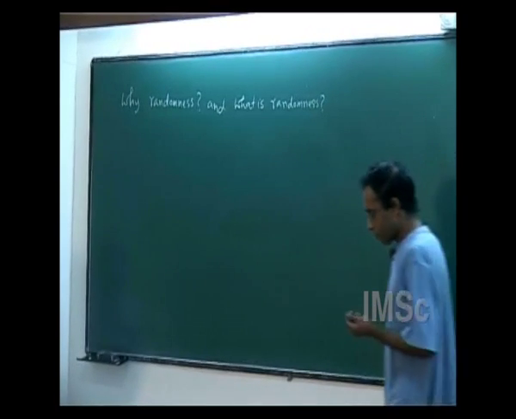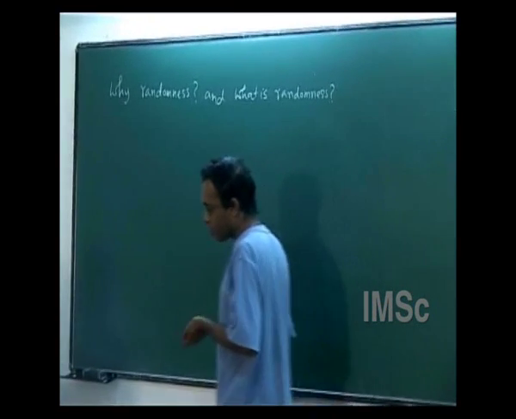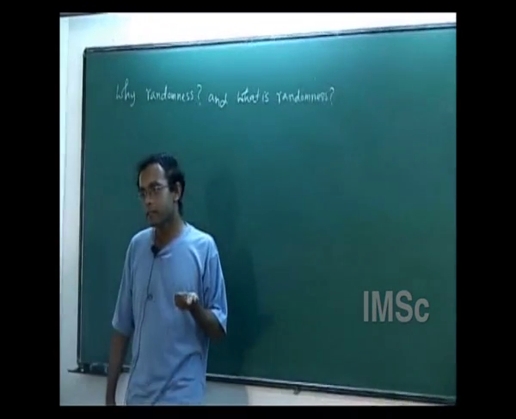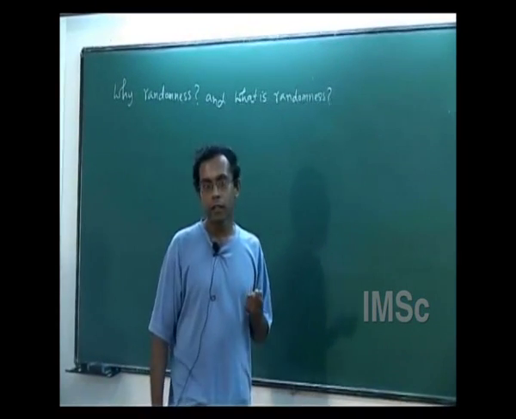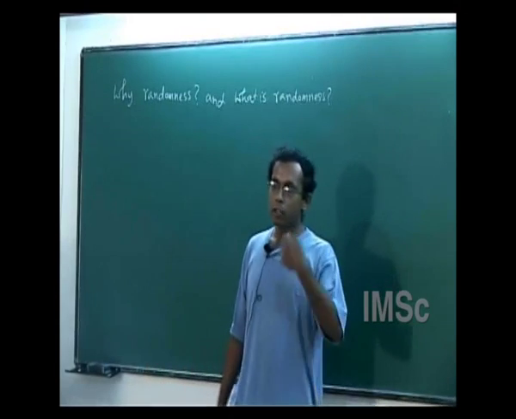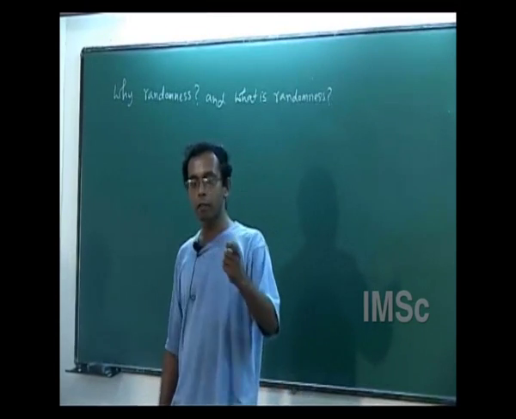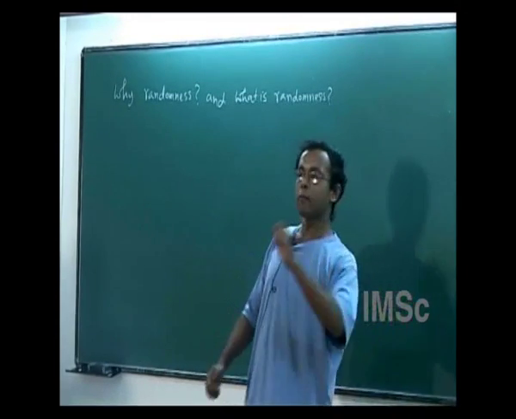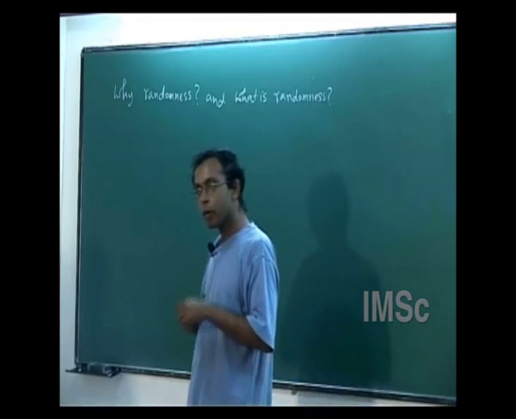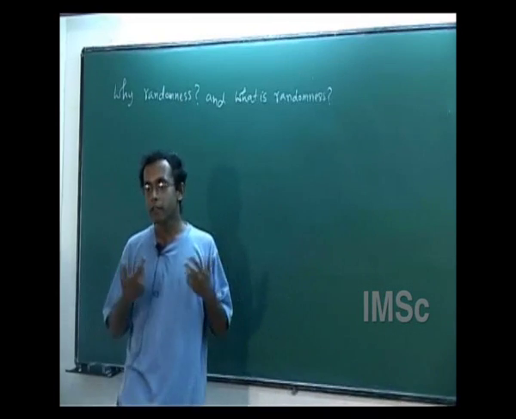On the other hand, if you are allowed to toss coins, suppose you toss a coin and if heads comes up you do this, if tails comes up you do that.